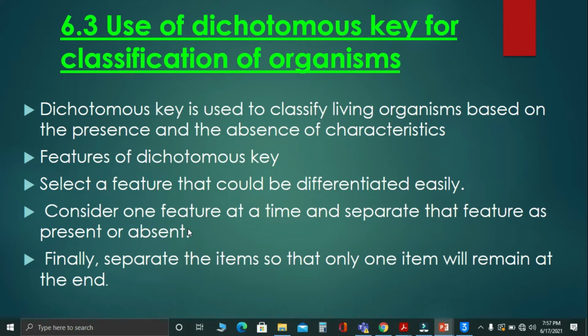Think you have selected as a feature that the animals have 4 legs. On one side we can write that the animals have 4 legs, or present. On the other side we can write absent, or do not have 4 legs. That means we can separate likewise.